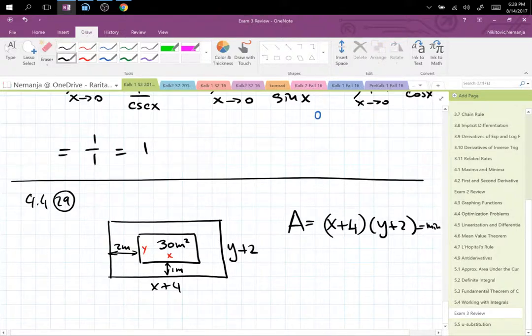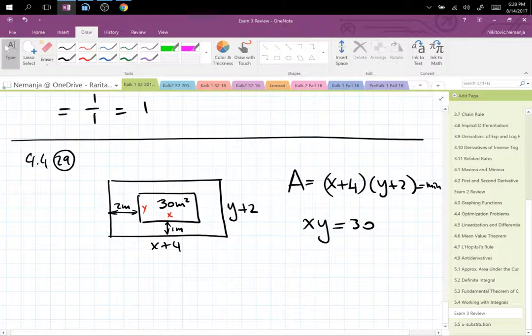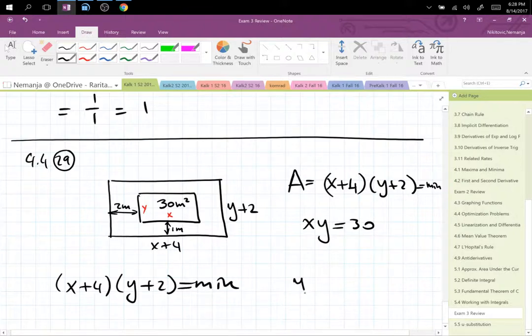Oh, and then you just solve for the other variable, x or y. You have the other equation, xy is 30, right? So I have the equation x plus 4 times y plus 2 needs to be a minimum, and from here I have that y is 30 over x.